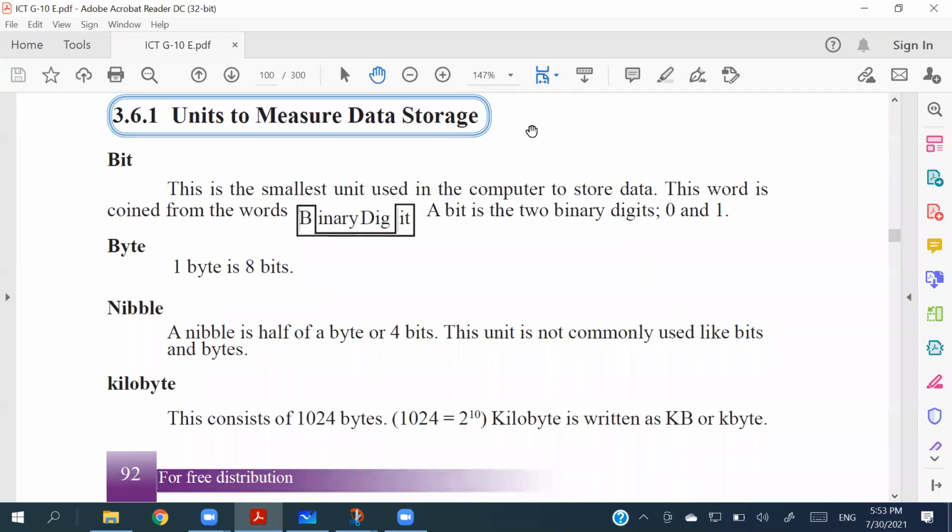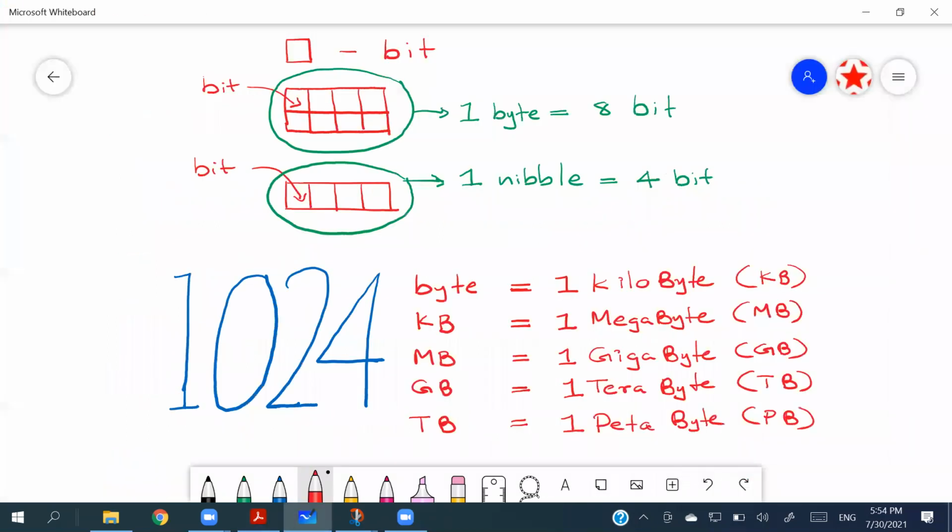So let me illustrate it like this. If you go through the notebook, as we discussed, one byte consists of 8 bits. I have taken the bit as the smallest unit here.